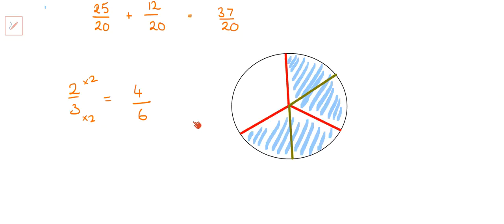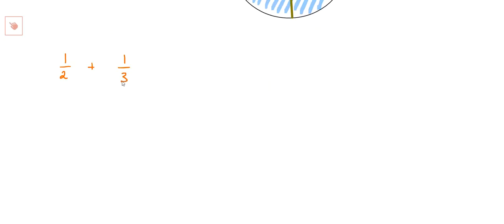Alright? So, just to recap then, if we do 1/2 plus 1/3, how do we go about doing it? Find the lowest common multiple, which would be in this case 6. So I'm going to write 6 and 6. Alright, so I'm going to say it in full.